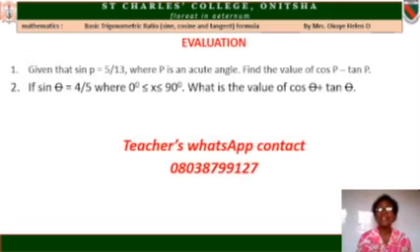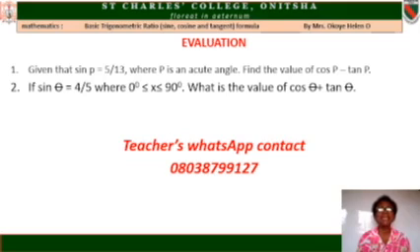Then, in the summary of our lesson, first of all, to help us find sine, cosine, tangent using a right angle triangle, we have to apply SOHCAHTOA. SOH: S for sine, O for opposite, H for hypotenuse.